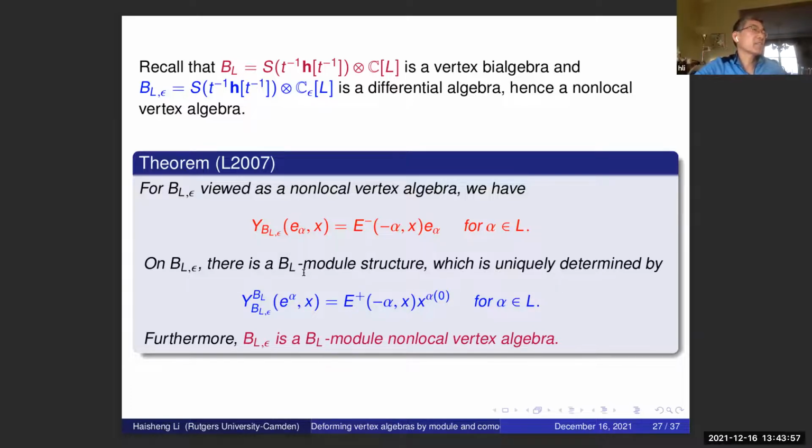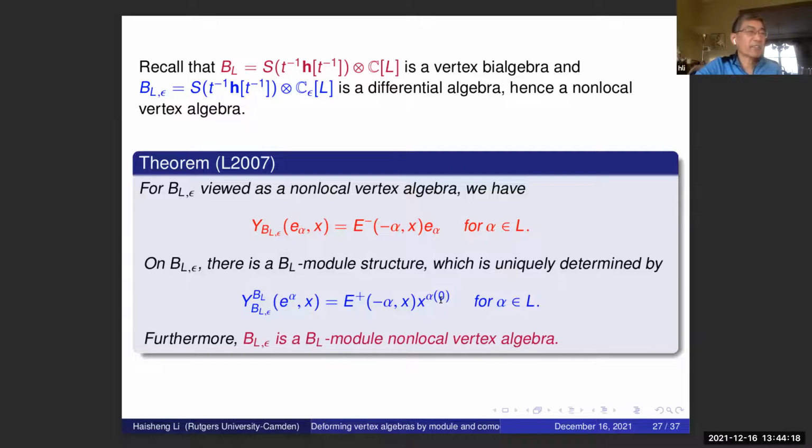On the other hand, for BL epsilon, that is a BL module structure. The corresponding vertex operator is given by the annihilation operator, the blue one, for the other half.